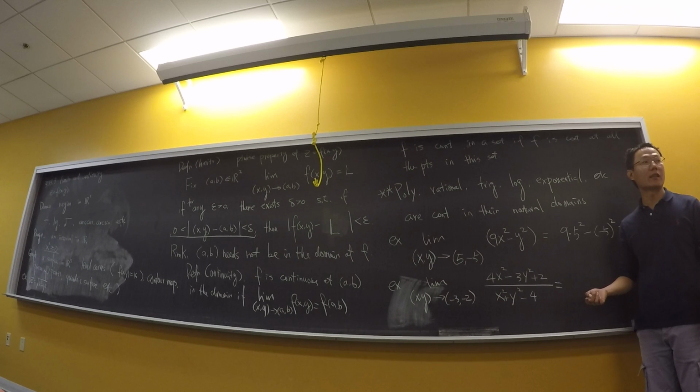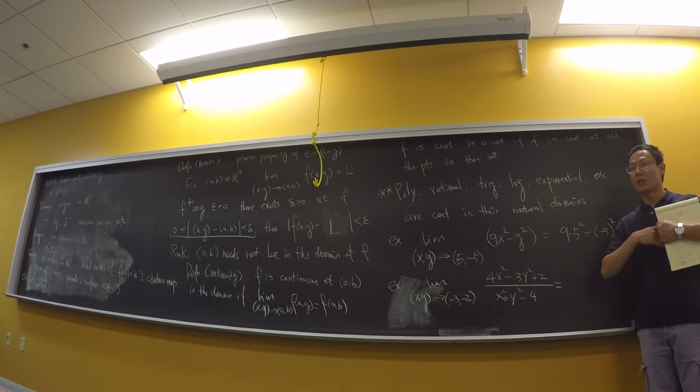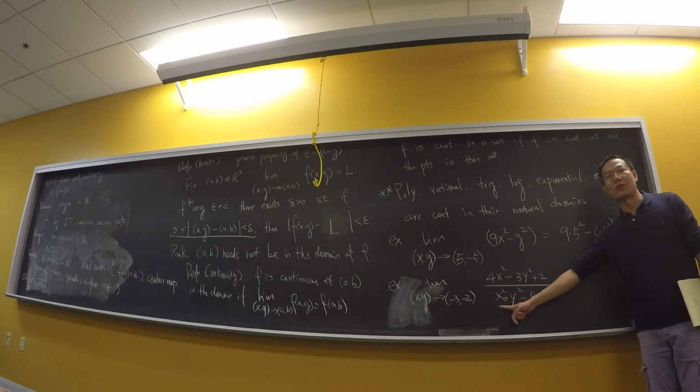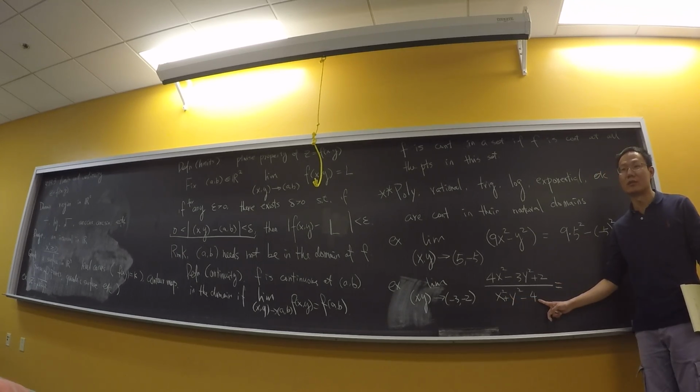So the domain of the function has to be all of R2, deleting what do you have right here? Deleting a circle, am I right? x squared plus y squared minus 4 equal to 0 defines the circle centered at (0, 0) with radius 2.